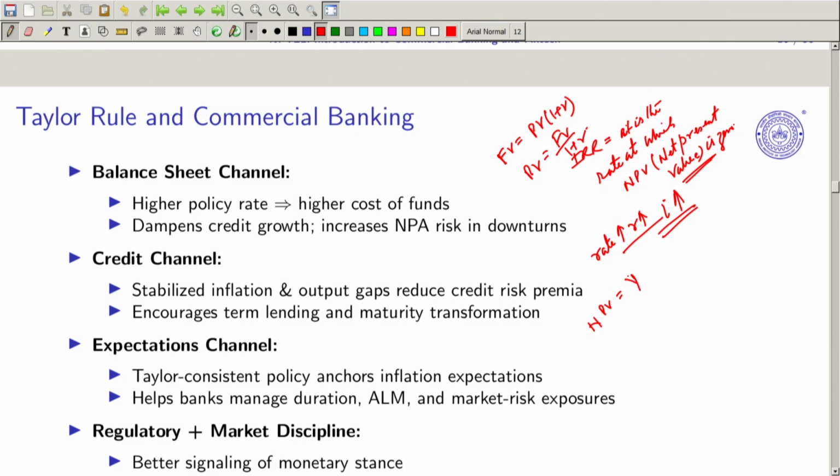Suppose my investment is Y, right? And my cash flows are Y1 upon 1 plus R plus Y2 upon 1 plus R square and so on, right? So this is my initial investment, and how much I am getting. So I have to solve for R, and that's why our IRR calculations are quite tricky, because I have to solve for this R. What is this R, the rate that we are considering? So if this rate is higher, then you know that your overall value is going to be lower. If it is lower, then it is going to be higher, right?